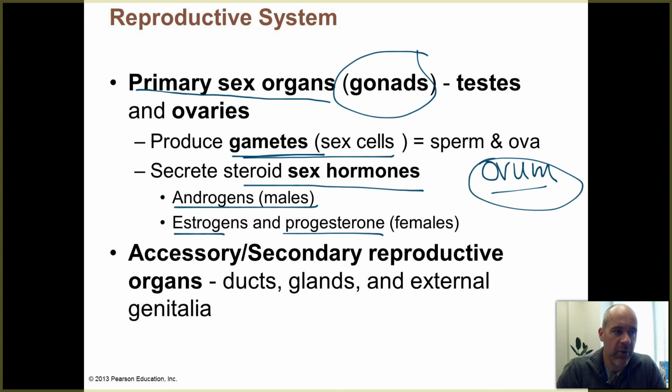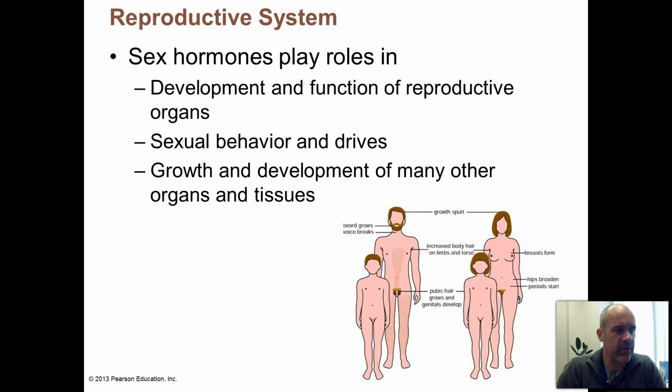All right, so those are your primary reproductive organs, and then both males and females, of course, have accessory or secondary reproductive organs, and these include a series of ducts, which are internal passageways, glands that secrete substances, and also the external genitalia. All of those things are secondary sex hormones.